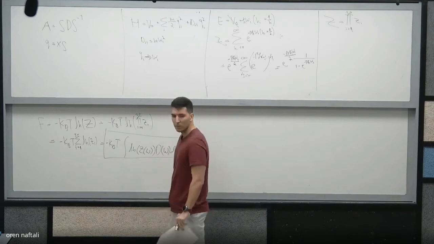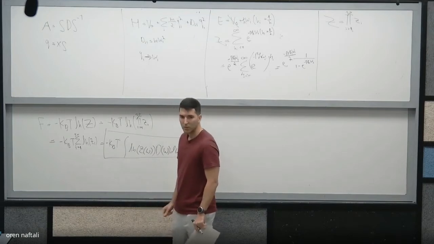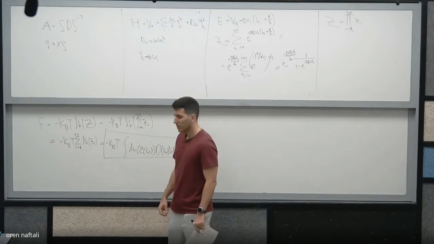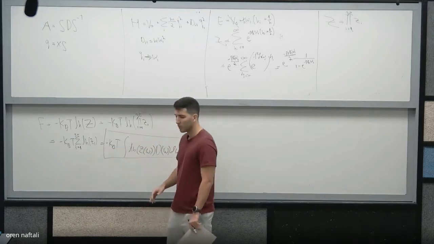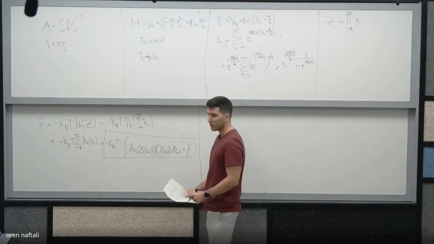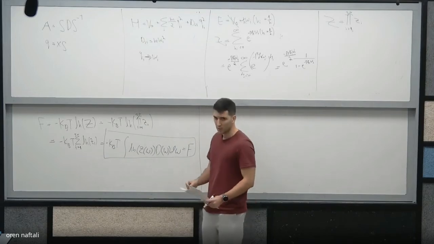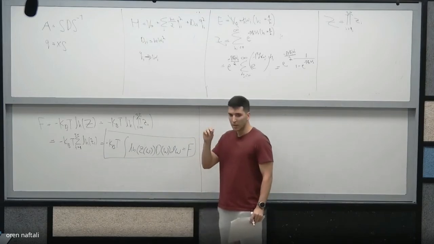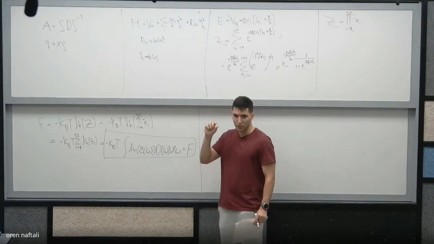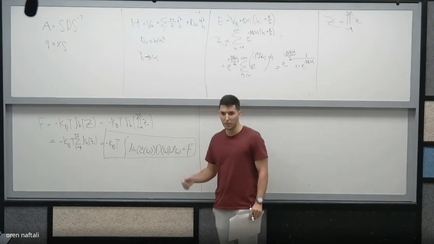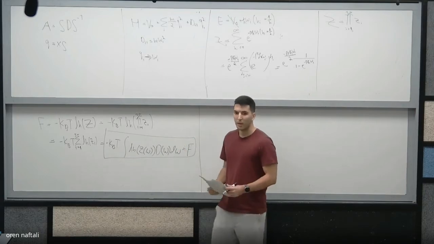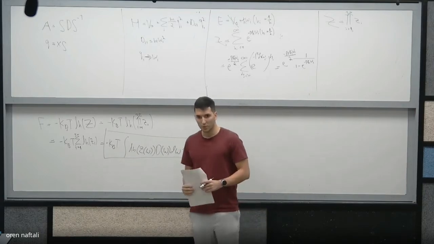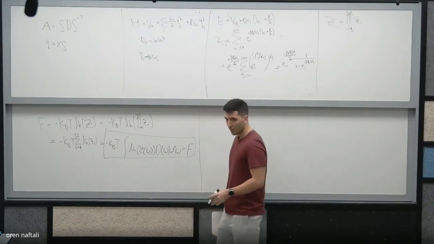Because this is discrete and this is continuous. But if I assume that each omega is very near to the others, then I can take it into the continuous limit. In your first year, you studied how to perform an integral.